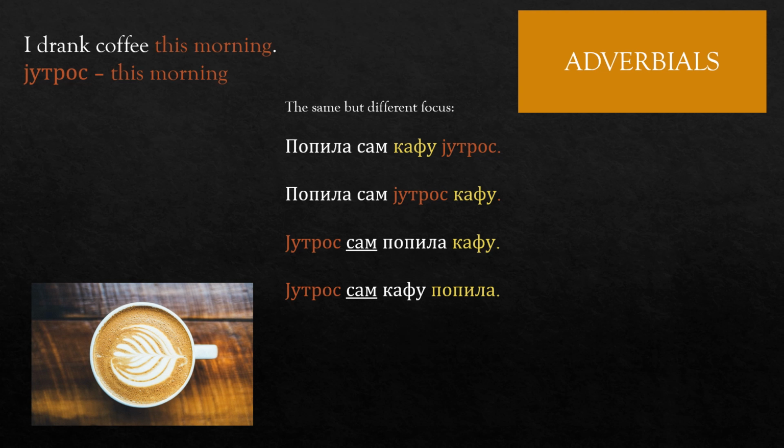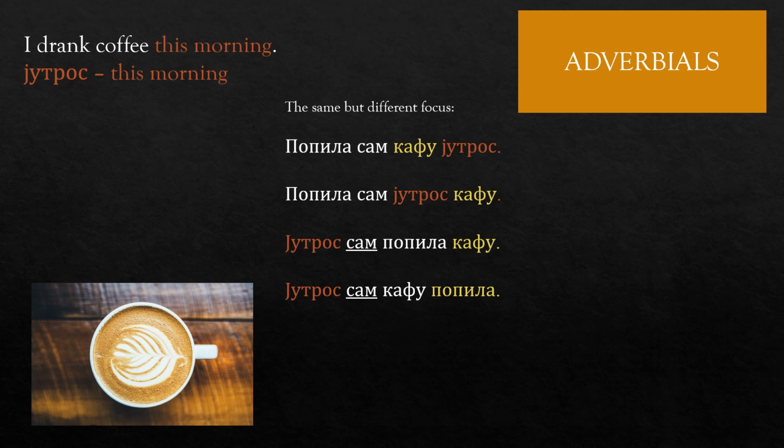Here, it is common to find jutros at the beginning or anywhere else in the sentence, so the focus is going to be on the last word of the sentence. Popila sam jutros kafu emphasizes coffee. So I drank coffee this morning, not tea.